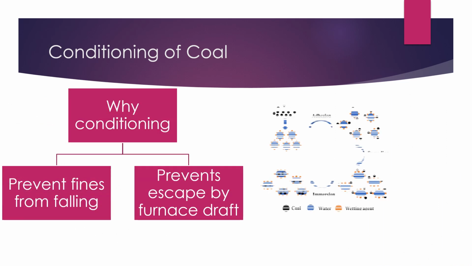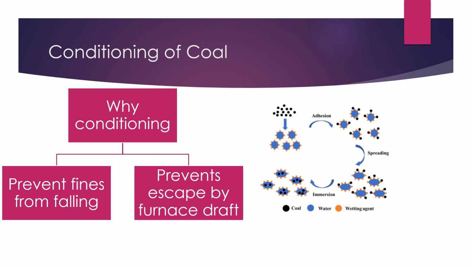Now, let us discuss conditioning of coal. When coal is conditioned with water, finer coal particles come in contact with moisture and become bigger gradually. These bigger coal particles are prevented from falling through grate bars. The finer coal particles are easily carried away by furnace draft.